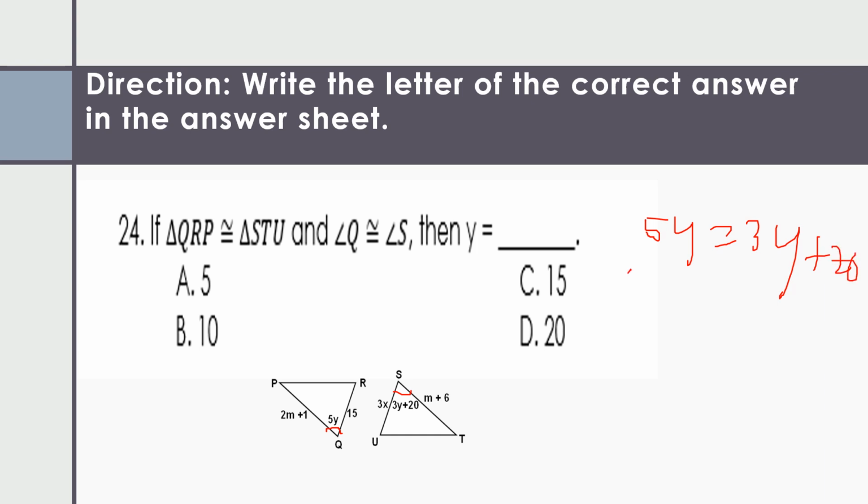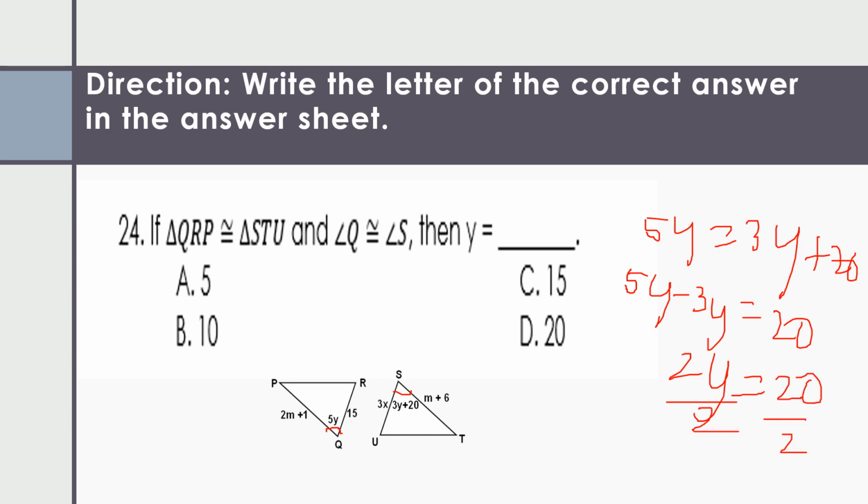So we get 5y minus 3y equals 20. So we get 2y equals 20, divided by 2, y equals 10. So the answer is letter B.